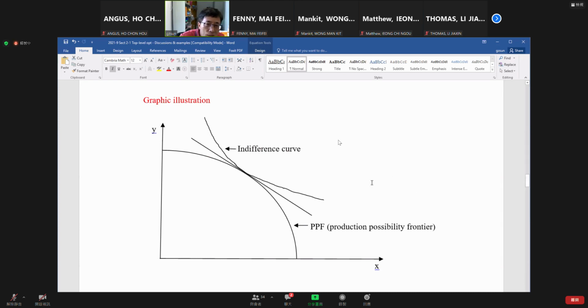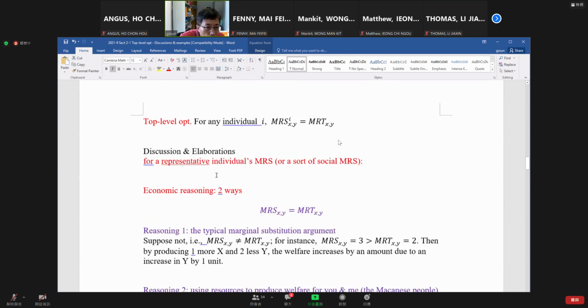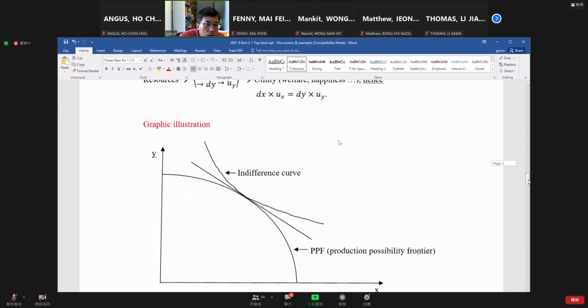And let's train all the arguments, either this way, the so-called marginal rate of substitution, whatever. Another one is transforming resources into happiness, whatever. Let's forget about it.